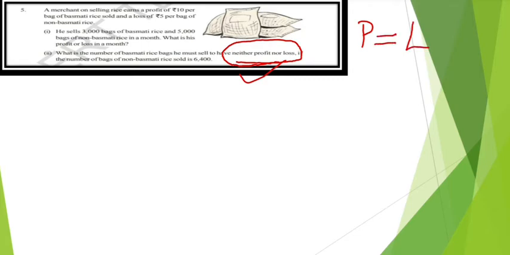If the number of non-basmati rice bags sold is 6400, how do we do it? First we have to calculate how much loss he gets on selling non-basmati rice, and after that, that much profit he has to get on selling basmati rice.